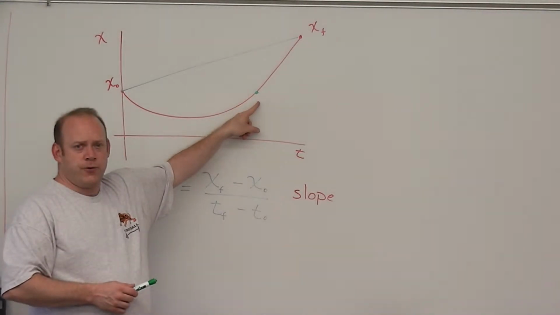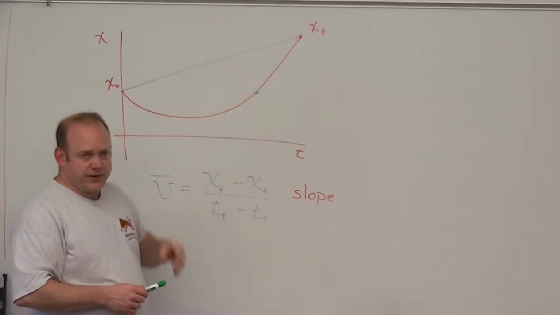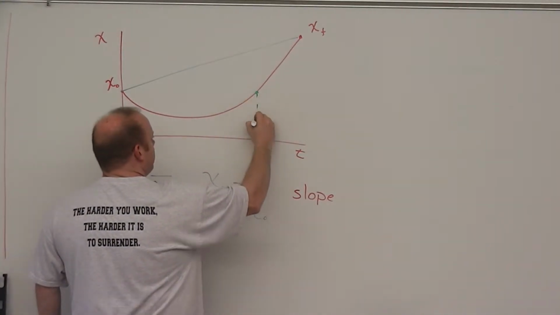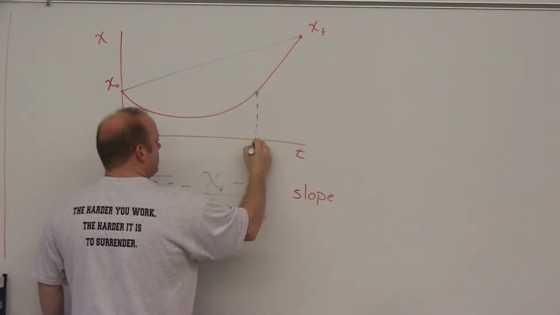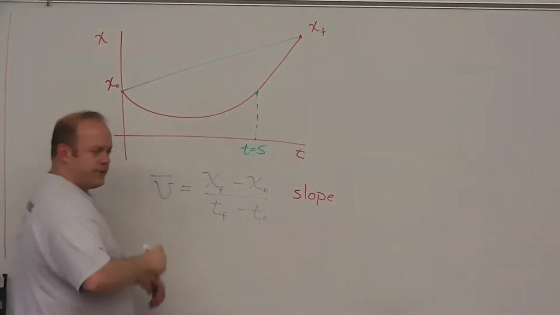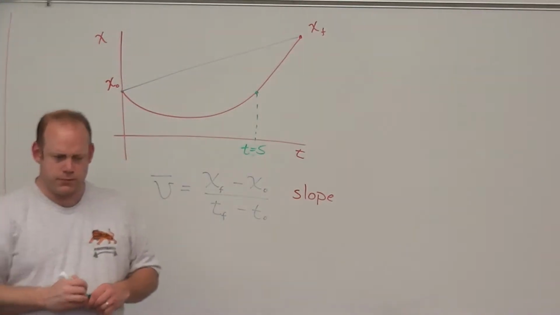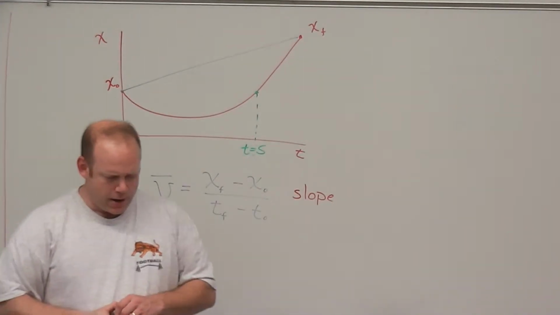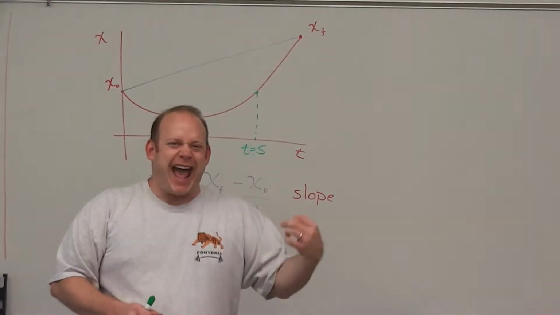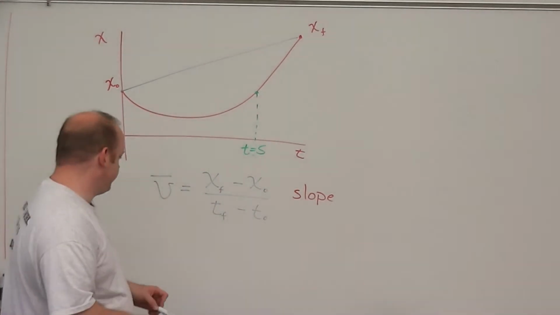I know the speed is greater and I know it's positive, so the actual velocity is more. Let's just say that this is at t equals 5 seconds. I'm just pulling that number out of a hat. I want to figure out what the velocity is at that 5-second point.